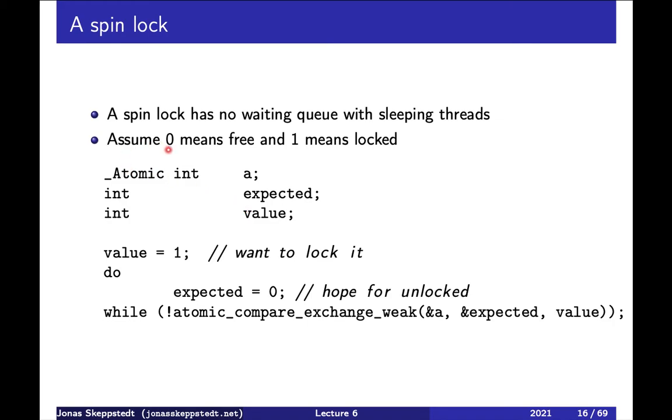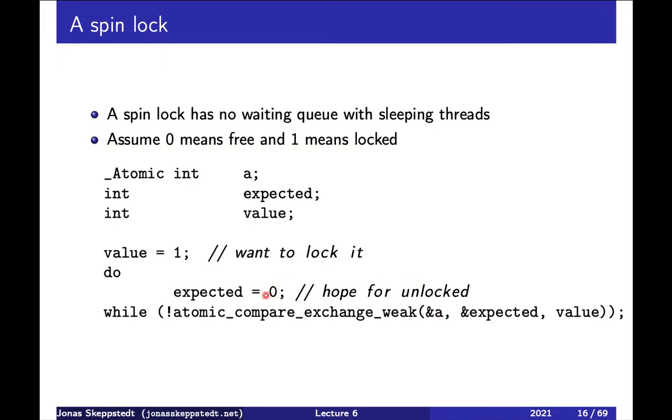If we say that value 0 is free and value 1 means that it's locked, then what we want to do is to lock this variable a. So that's the value that we want to write to it, and the value that we hope to see that a has is that it's unlocked.